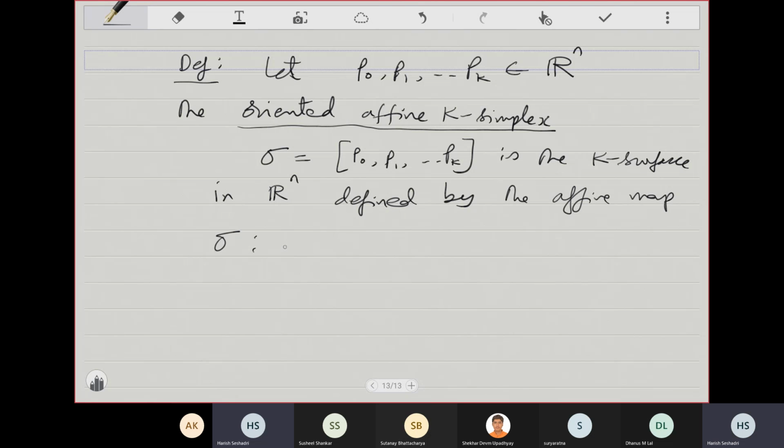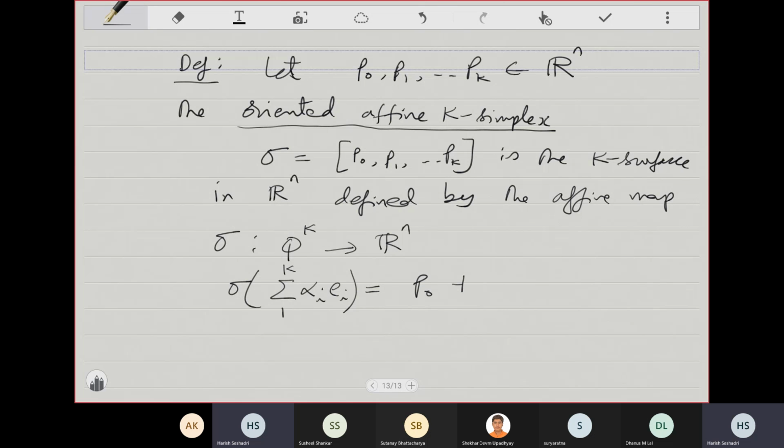Sigma from Qk to Rn. Sigma of any element of Qk will be of the form alpha i ei, i from 1 to k, and then P0.